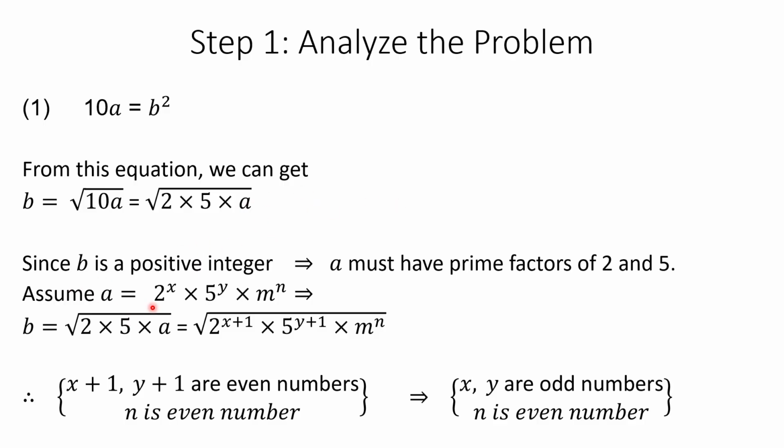Assume a is 2 to the power of x times 5 to the power of y times n to the power of n, where x is an odd number, y is an odd number, and n is an even number.